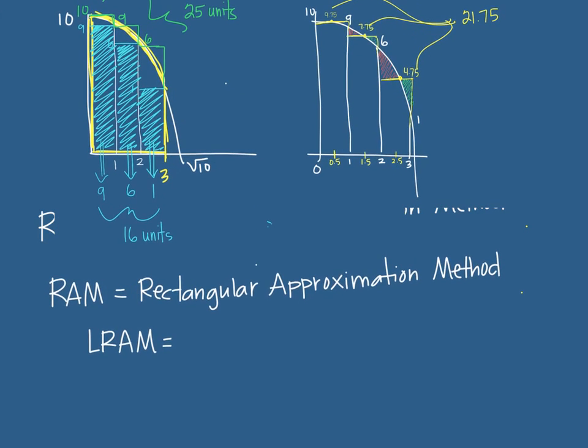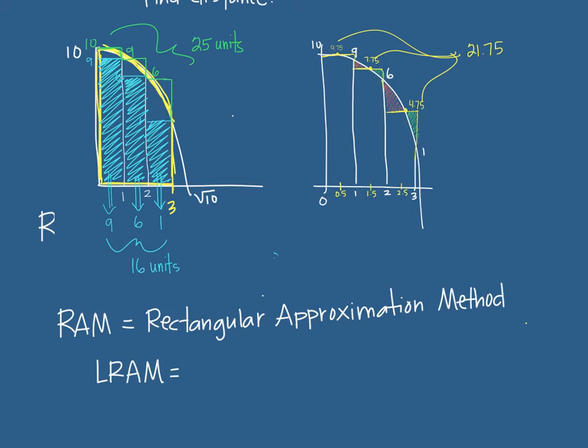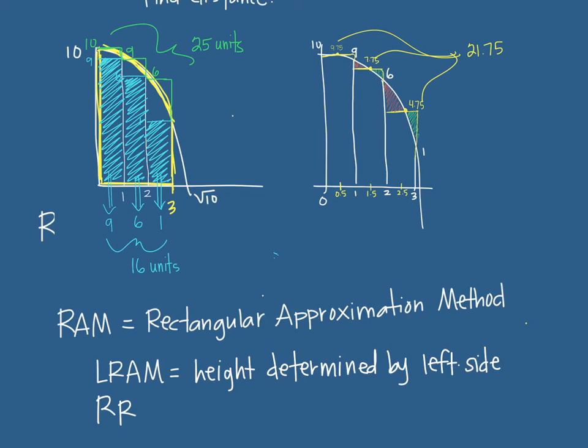LRAM were the green rectangles that I drew, where the left side determines the height. Okay, so the height is determined by the left side. Okay, then there's RRAM.